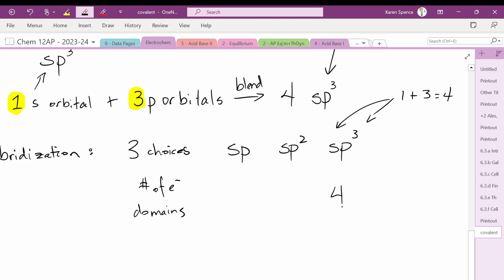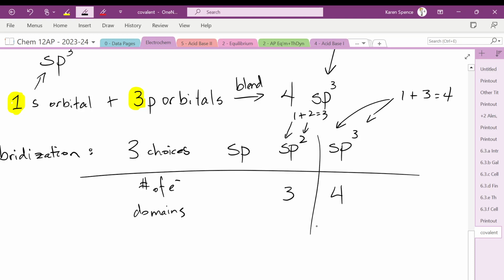So there's 4 electron domains. With sp2, 1 plus 2 equals 3. We have 3 electron domains. And with sp, 1 plus 1 is 2 electron domains.